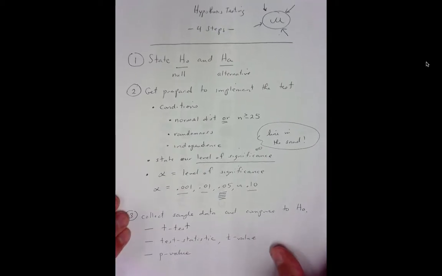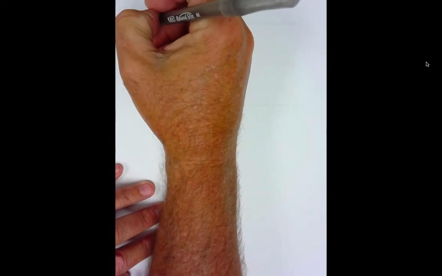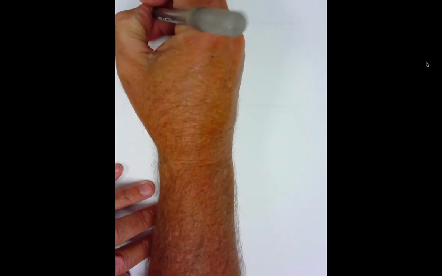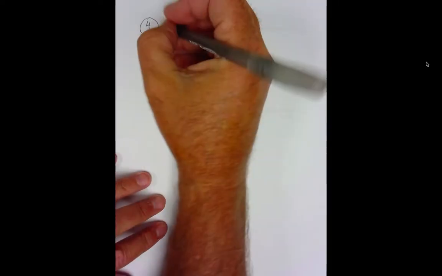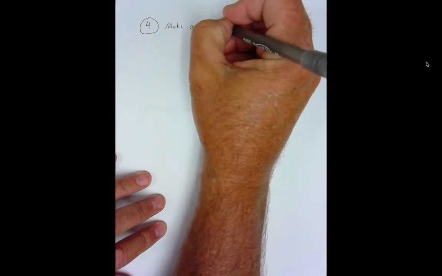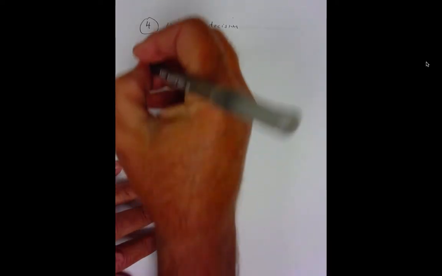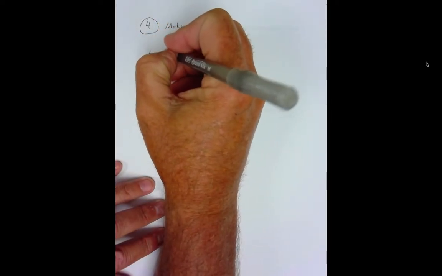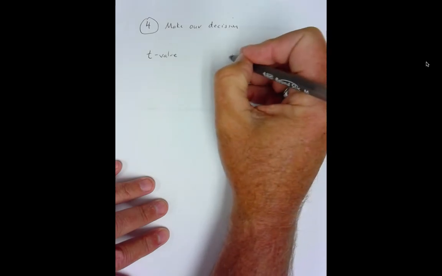Okay? Guys, there's a lot going on with hypothesis testing. But once we get to the illustrations, I think it becomes, well, I know it does, a lot clearer. Guys, the final thing we do is we make our decision. And our decision is based on the relationship we get between our test statistic and our alpha.